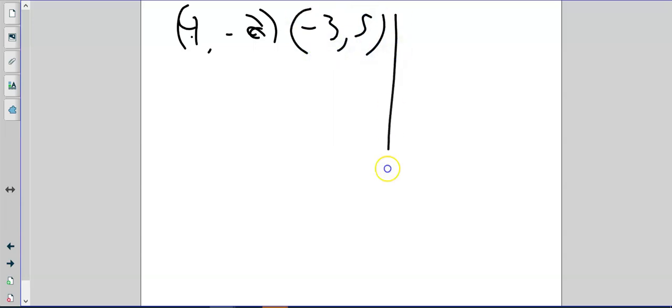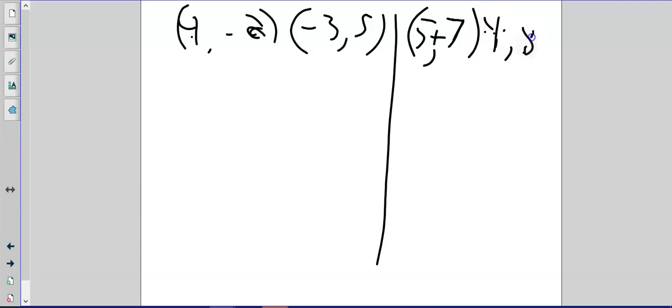All right, so finding slope. If I give you 2 points, (4, -2) and (-3, 5). And I give you another 2, (5, 7), oh, it's supposed to be 7, so I'm just going to make it +7, and (4, 8).